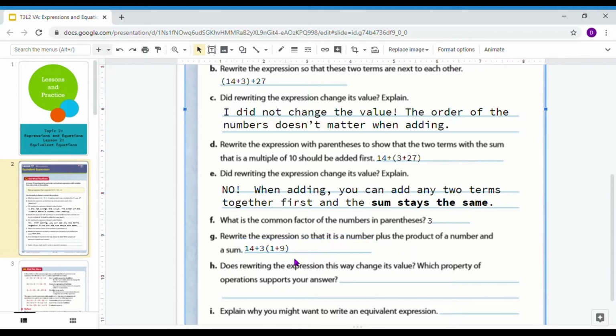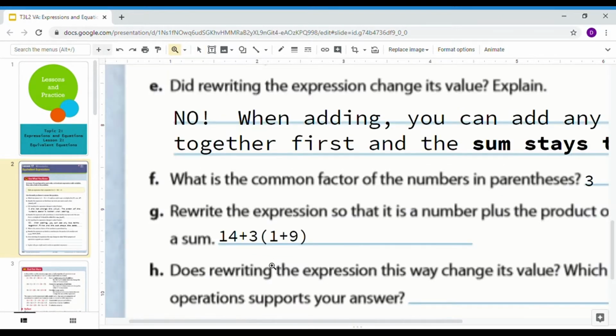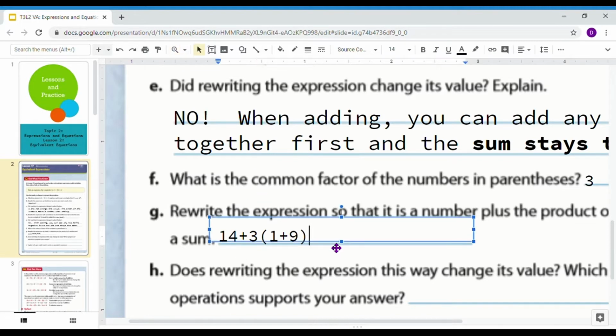I want to show you very quickly before I move on to H, and this is a little bit of an in-depth look at another part of this assignment, but I need you to understand it. Here, when we're looking at 14 plus 3 times 1 plus 9, we need to think of this. When we're doing the distributive property, the 14 is going to stay the same.